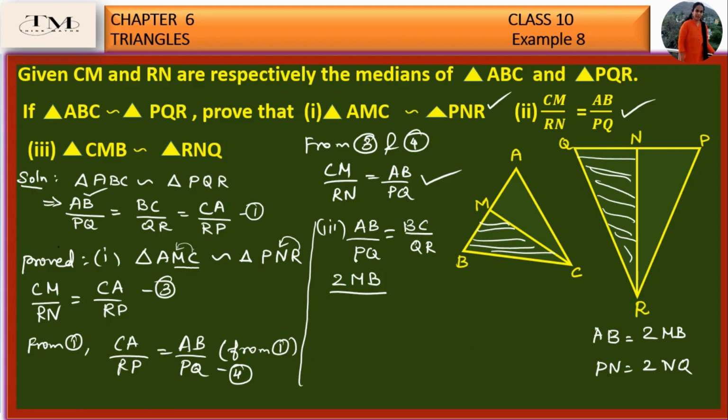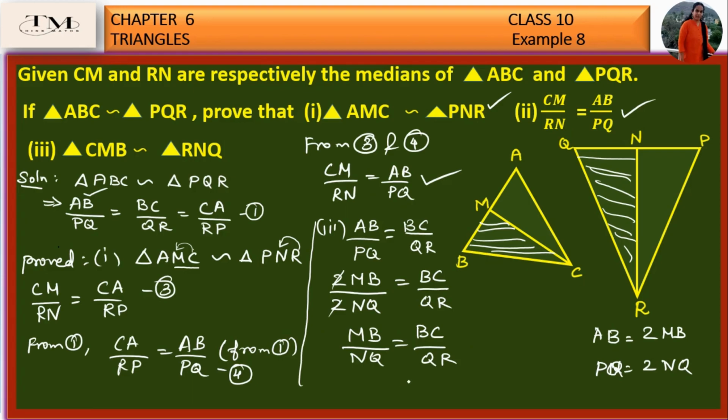Instead of PQ, we can write 2NQ, which is equal to BC by QR. So 2 gets cancelled. We have MB divided by NQ equal to BC by QR. So we have two ratios, MB by NQ is equal to BC by QR. So two corresponding sides are proportional.